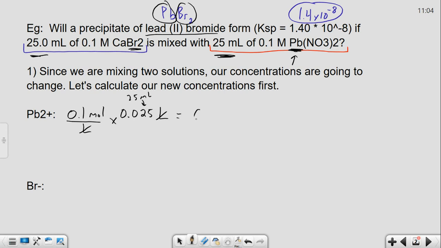So it turns out I had 0.0025 moles in total. And my total volume is now what? Well, I had 25 milliliters here, 25 milliliters there, so it's now 50 ml.